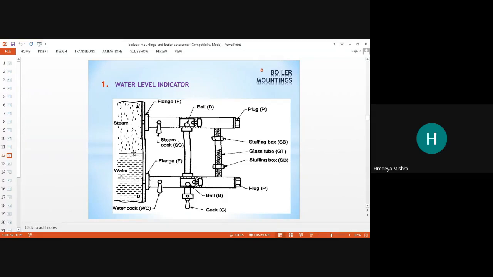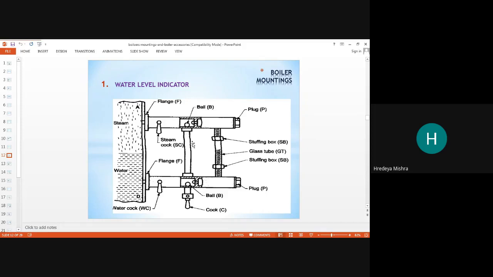If this is the cock, we move it to supply the steam to the place where it's required, and here we input the supply of water. If this ball is at the center of this level, we can say this is the optimized position of water and steam.